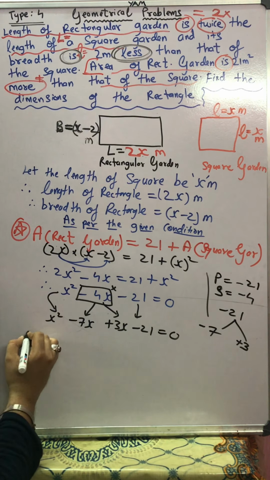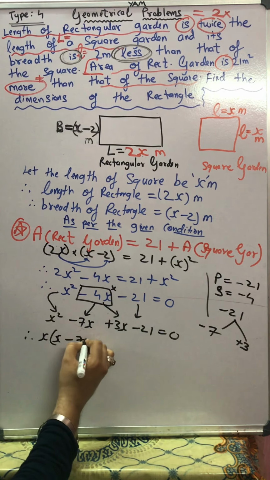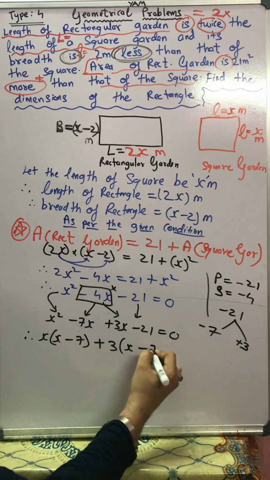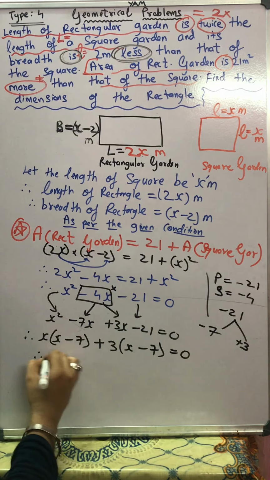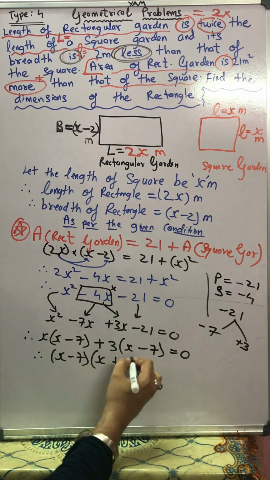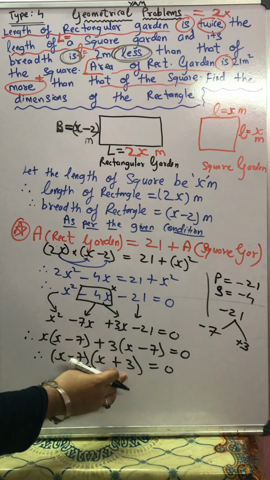Taking x common, it will be x minus 7, and from the other part taking 3 common, it will be x minus 7. Therefore this becomes x minus 7 and this becomes x plus 3, equal to 0. Now either this will be equal to 0 or x plus 3 will be equal to 0.